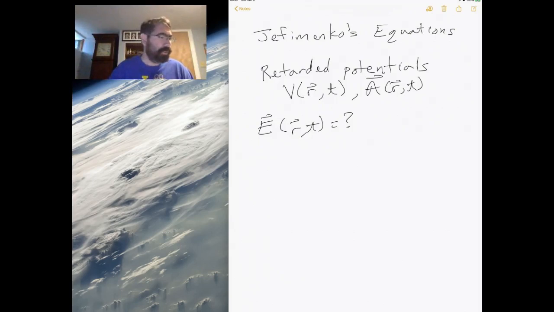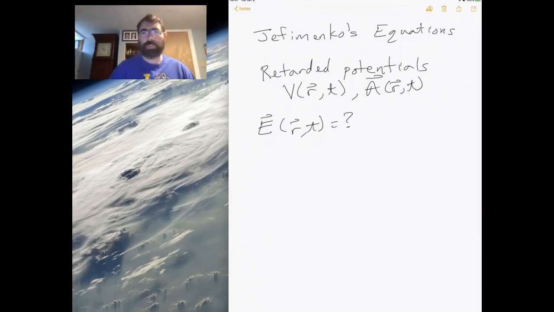So we're going to start with the potentials that we did in the previous lecture, where we start with essentially a Coulomb's law version of them, but they're time dependent. And the time of the charge and current is at some time in the past, and we're trying to measure the potentials now.